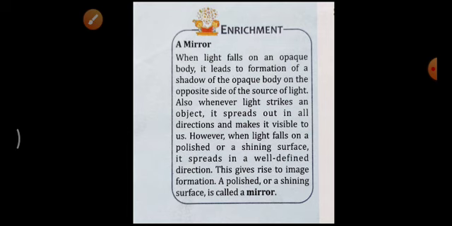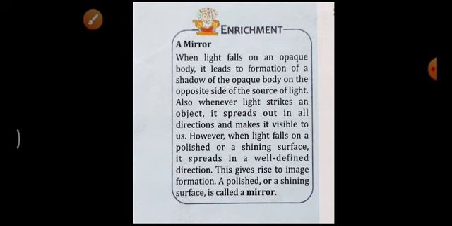Did you understand that? If the object is a highly polished or shining surface, it helps to do the reflection along a particular direction only, then that object is called a mirror.